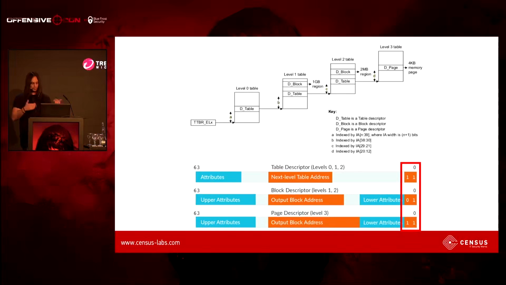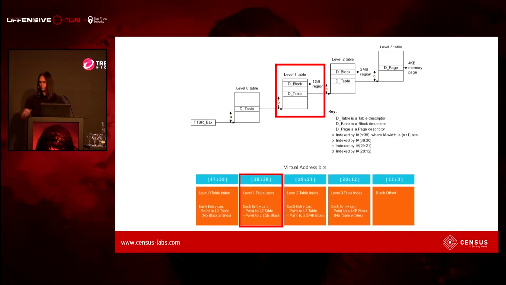Block descriptors and page descriptors are more or less the same. However, page descriptors are only found in the level 3 table. So moving on, the level 1 table, indexed by bits 38 to 30, either points to a level 2 table or a 1 gigabyte region, ending translation as well. So with a level 1 table, we can map a 512 gigabyte region, and that's why we don't need a level 0 table.